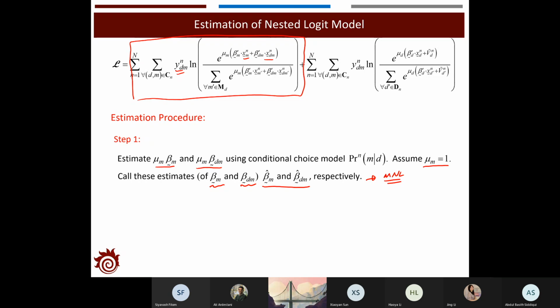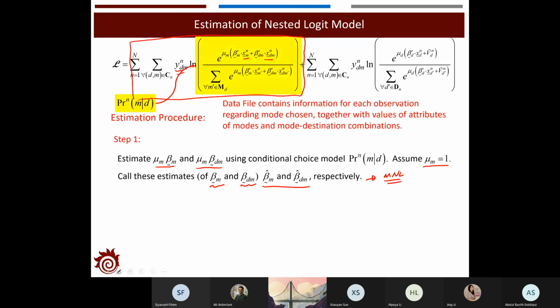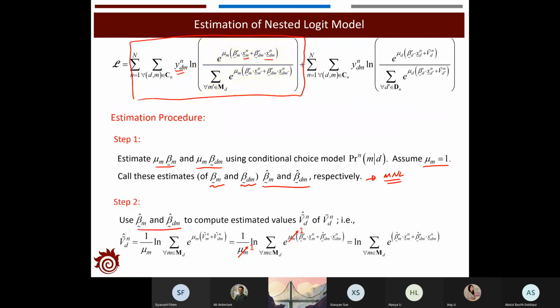And once you have these two coefficients, beta m and beta dm, you're going to use them to calculate the log sum term, so Vd tilde hat.